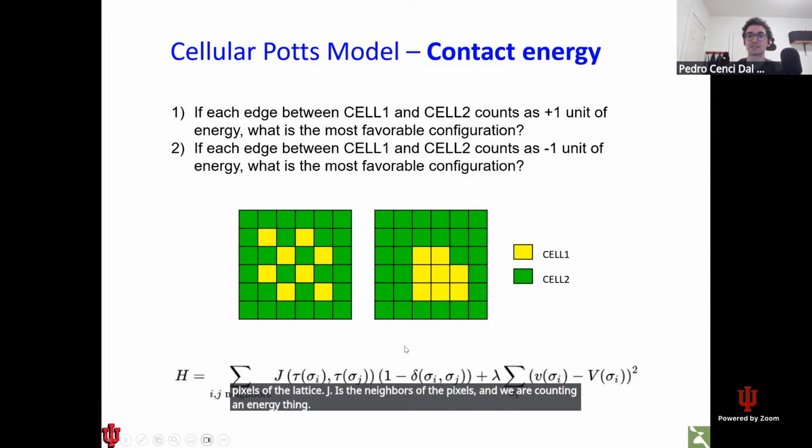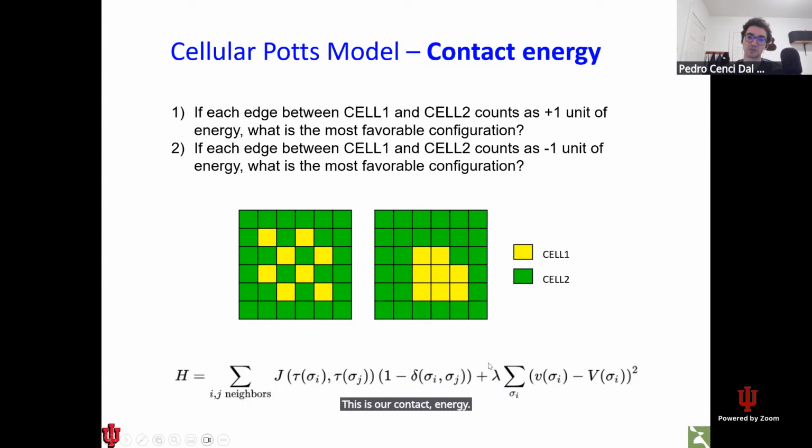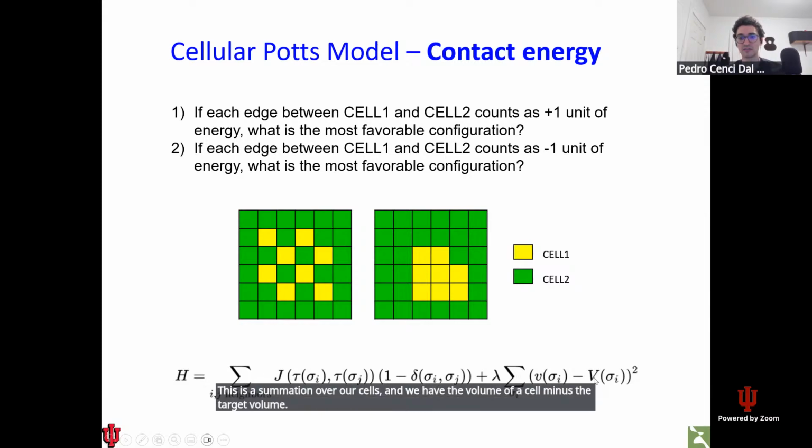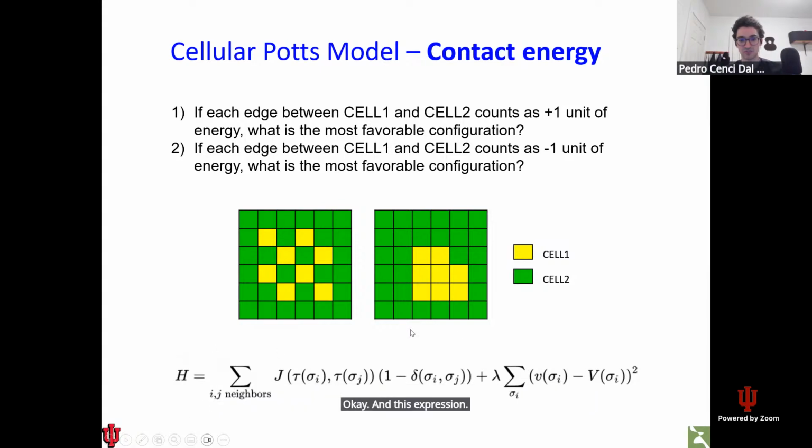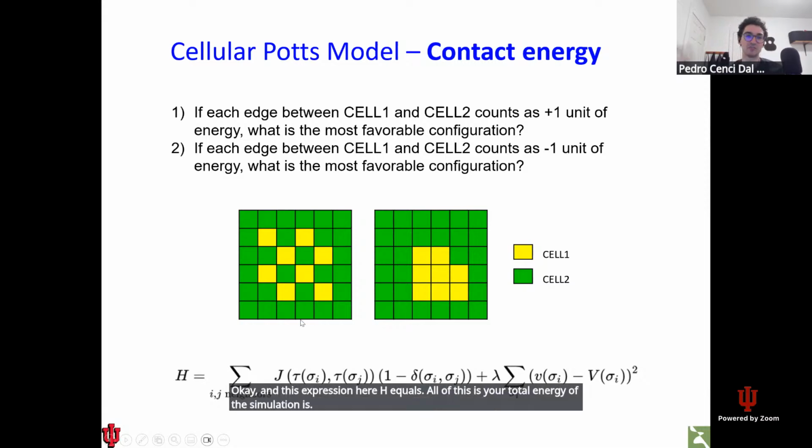This is our contact energy. And on the rightmost term, we have a summation over sigma. This is a summation over our cells, and we have the volume of a cell minus the target volume of that cell squared. This is our volume energy, okay? And this expression here, H equals all of this, is your total energy of the simulation, if you have only these two contact energies.